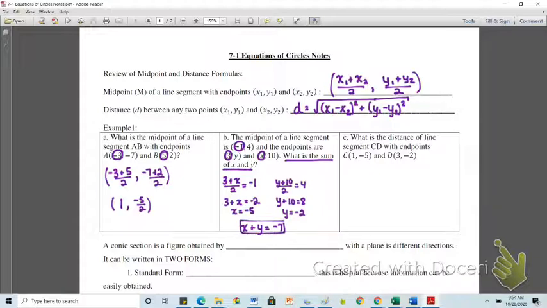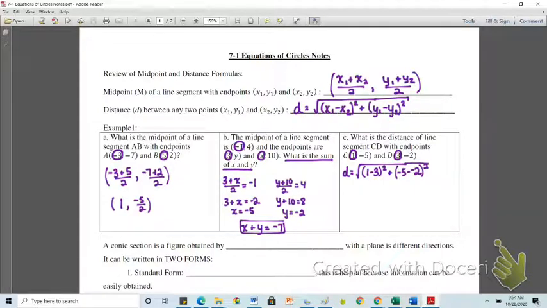And finally on C, it says, what is the distance of the segment CD with those given endpoints? So again, I'm circling my x's so I know what goes together. So distance equals 1 minus 3 squared plus, and since I did 1 first, I have to do -5 first in the second one.